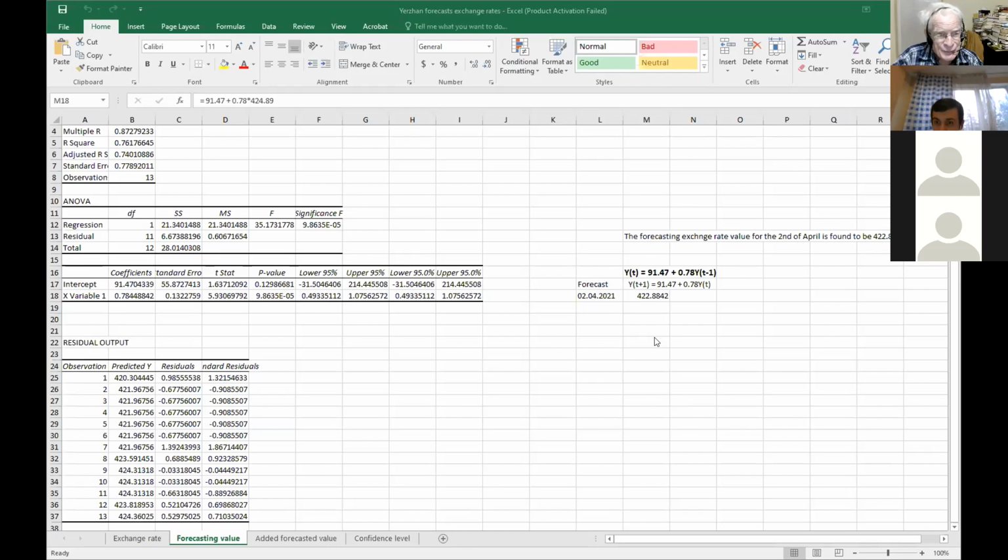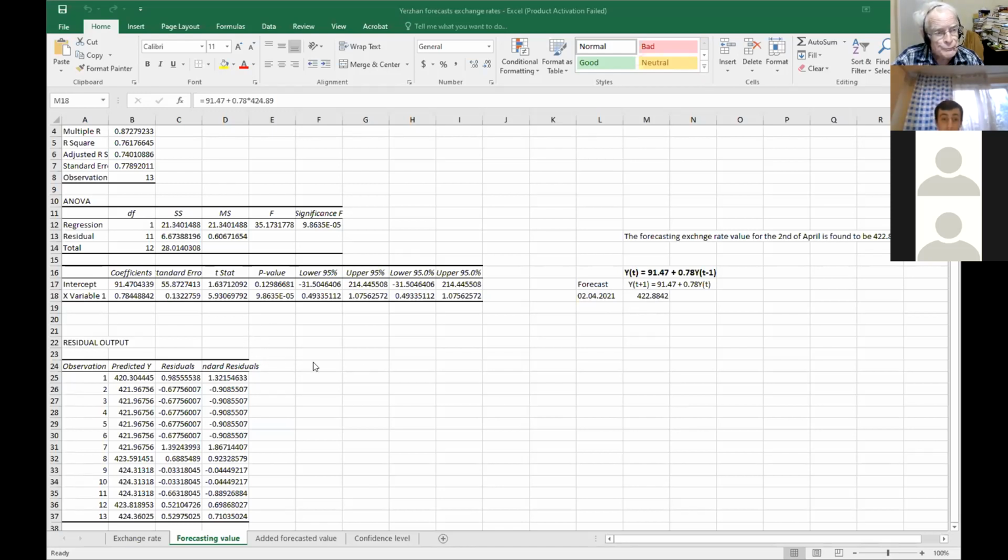So back to your forecast. You are really rather close, considering that we only had 13 observations in this model. Your forecast is 423. The actual exchange rate was 426. Good.